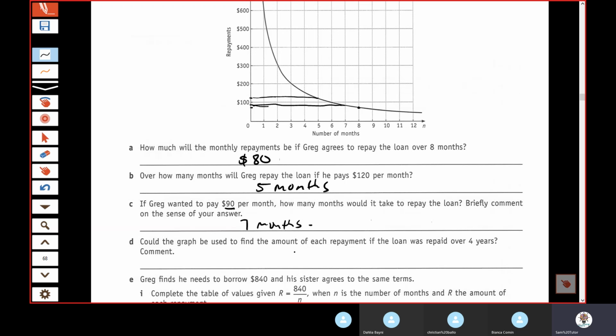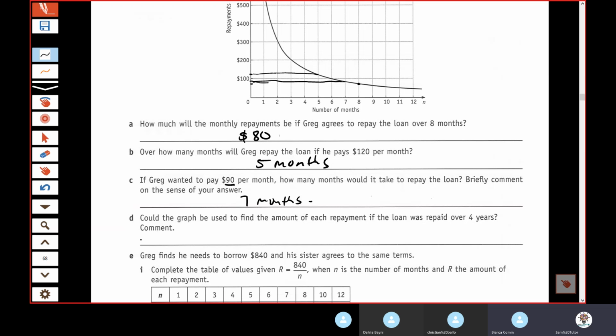Could the graph be used to find the amount of each repayment if the loan was repaid over 4 years? Comment. Yes, but because this is number of months, 4 years, you're going to keep doing this up to 48. Oh, it's going to be so small.